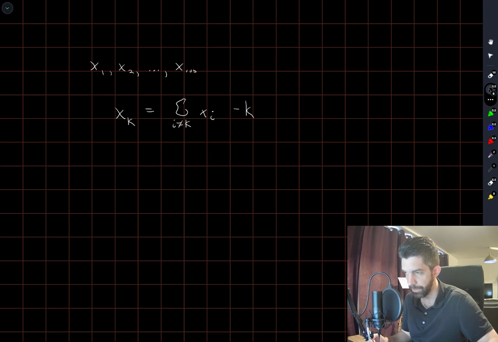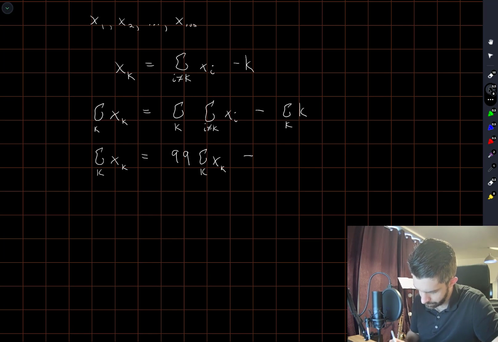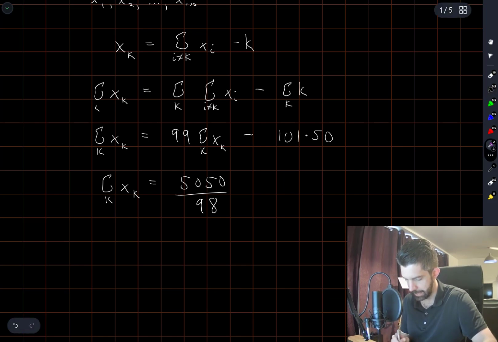So this would tell me what the sum of all the numbers is, but not necessarily what any individual number is. Right, so the sum of all the numbers in this sequence with this property is equal to 5050 divided by 98.